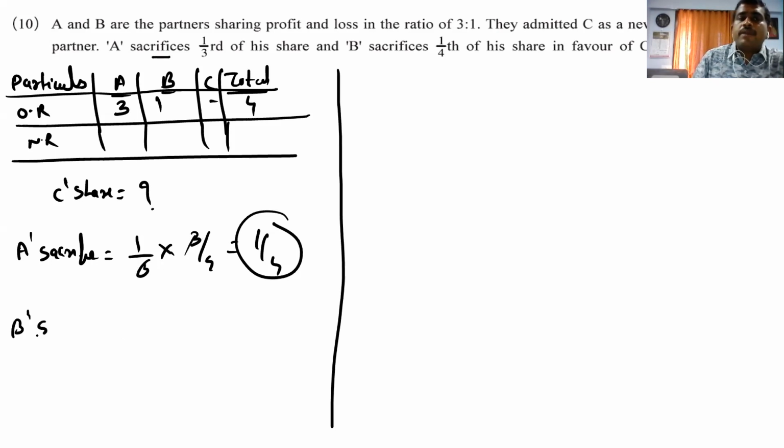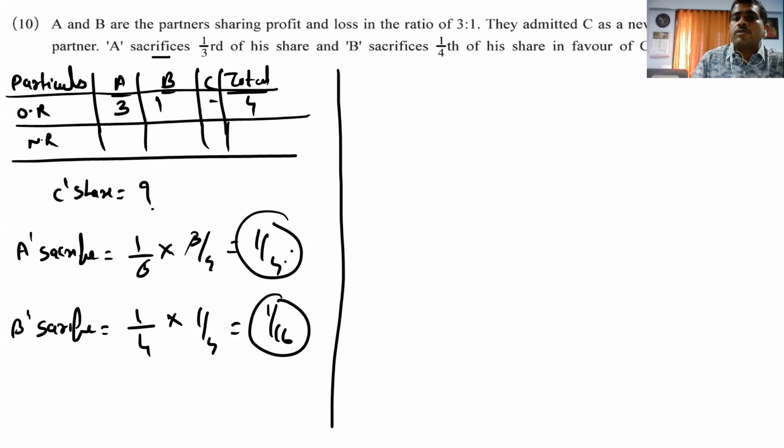Next, B's sacrifice is equal to 1/4 of his share, that is 1 by 4 into 1 by 4. It comes to 1 by 16. So here also we just multiply with 4 by 4. It also comes 4 by 16, and here also 1 by 16. So both the ratios we have got.